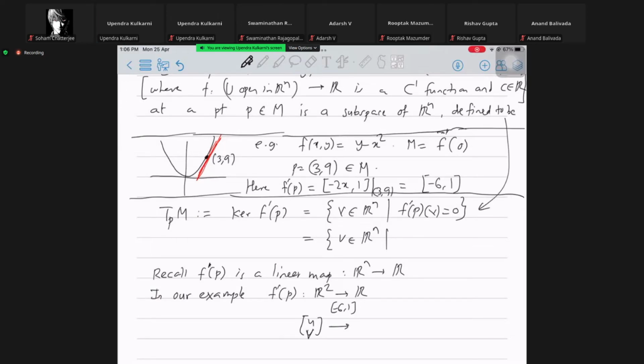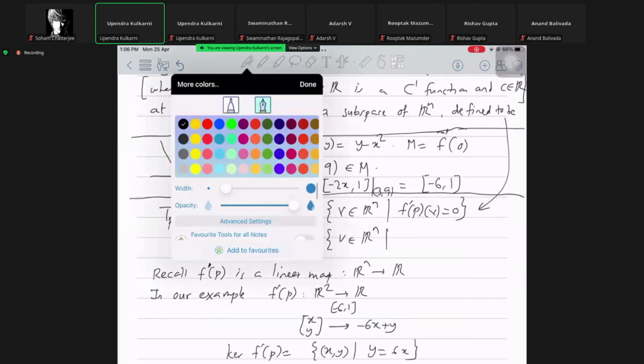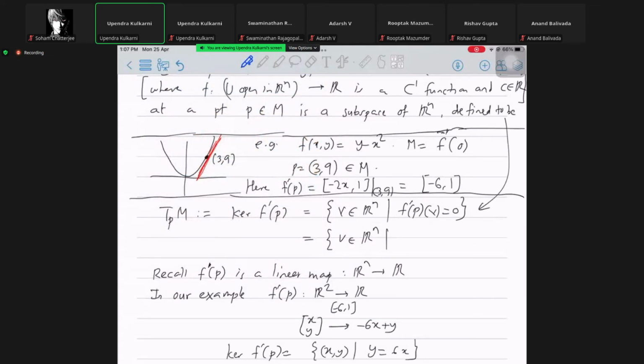It goes to -6u + v. Let me call this also (x, y). Then it goes to -6x + y. Therefore, the kernel of F prime of P is the set of all (x, y) such that y equals 6x. In other words, I did not get the red line, but I got this line.